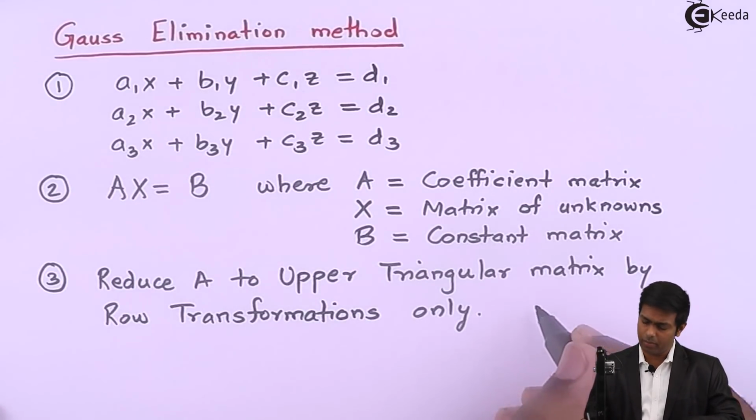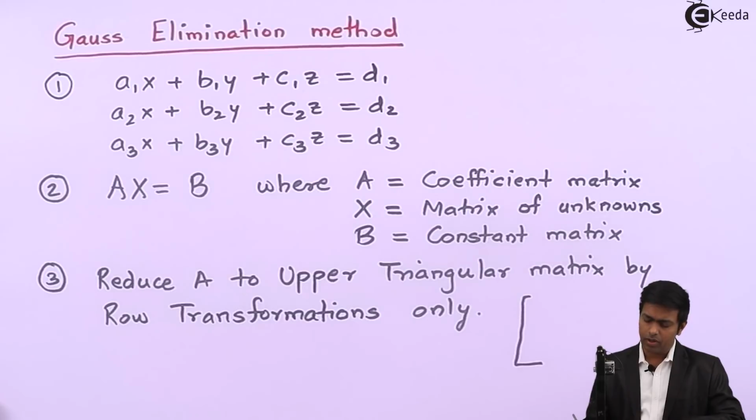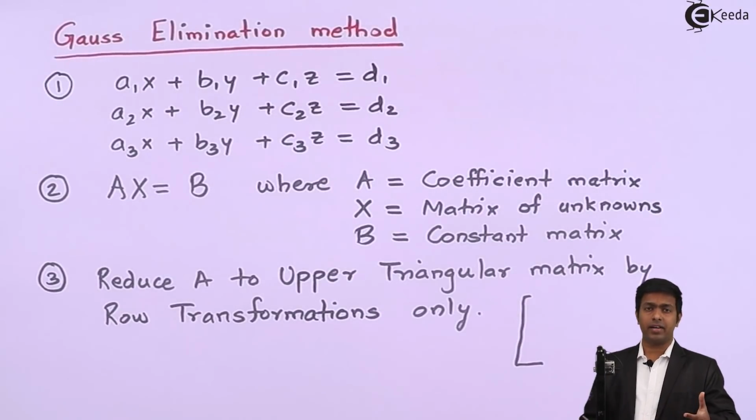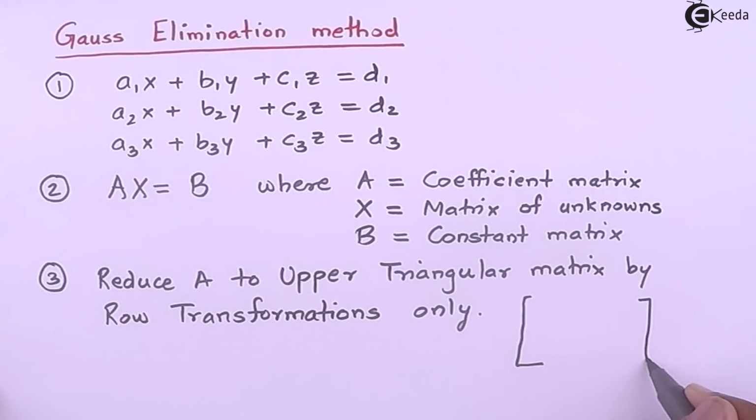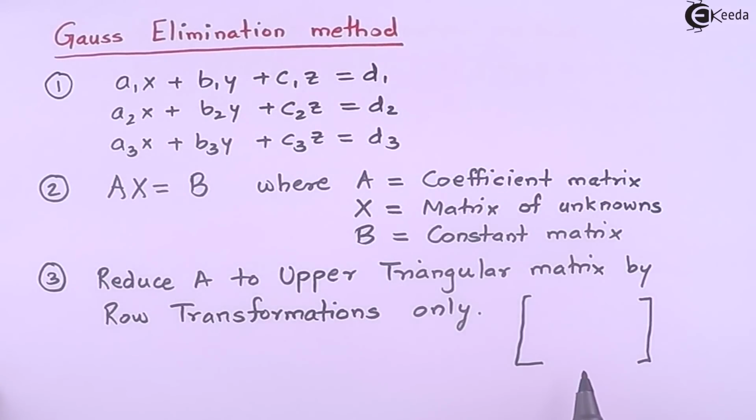Now what is an upper triangular matrix? An upper triangular matrix is a matrix in which the elements below the leading diagonal are 0. Let's say this is a matrix of order 3 by 3. This is the leading diagonal, and the elements below it, here 0, then here 0 and here 0.